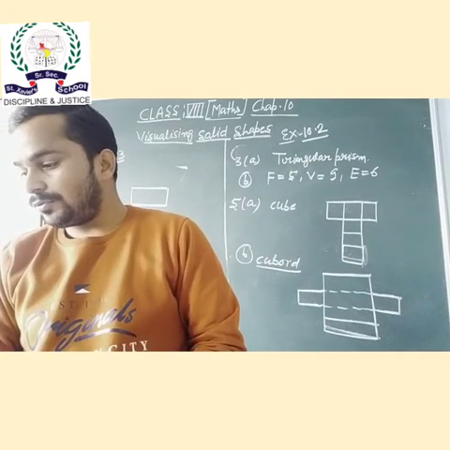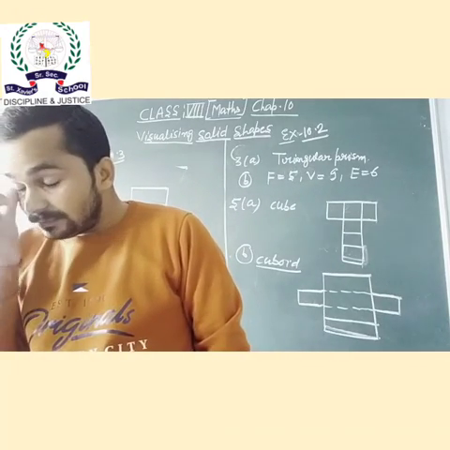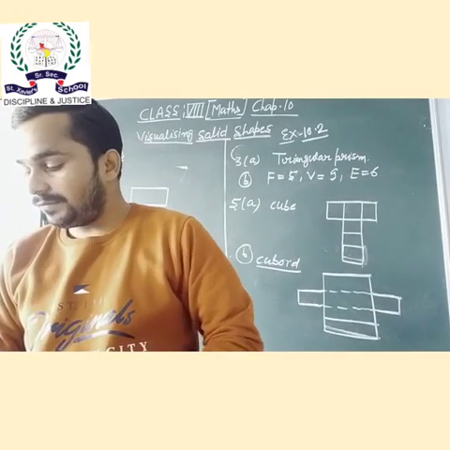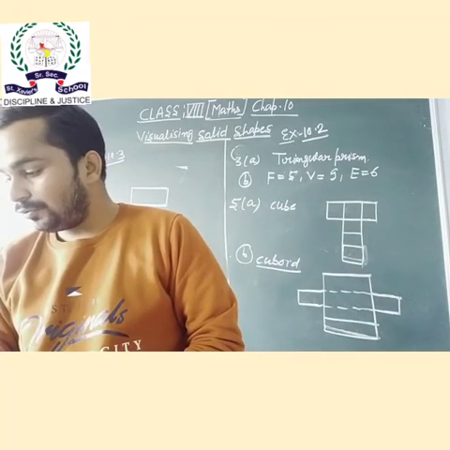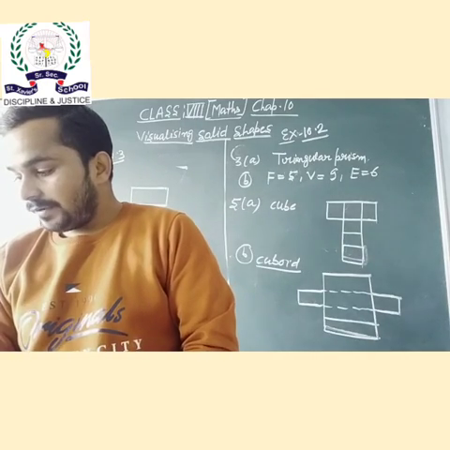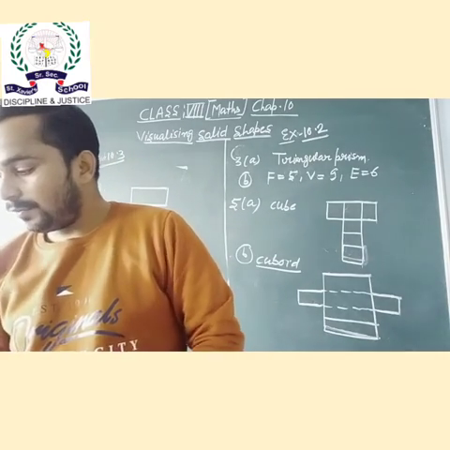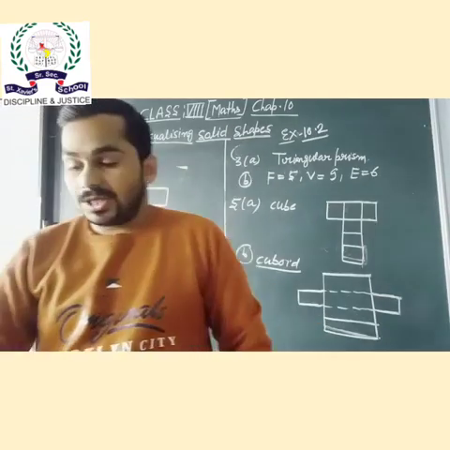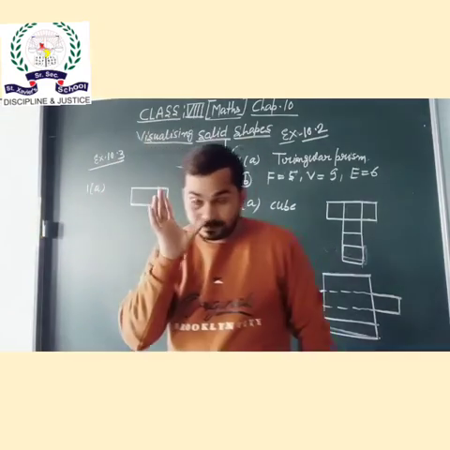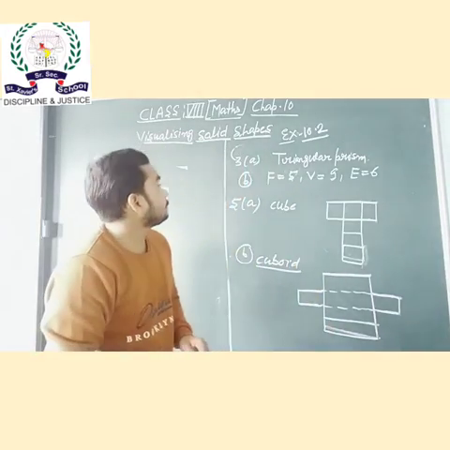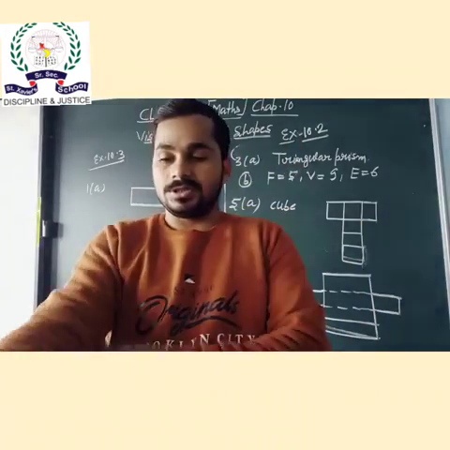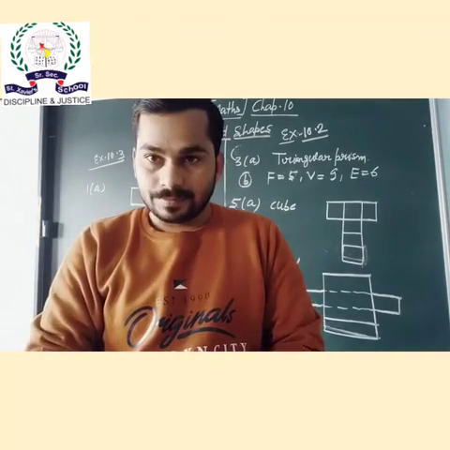So in this way you have to write the front view, side view and top view of the given figures. In question number 2, again find out the front view, side view and top view. So this is the chapter 10 we have discussed. Solve the questions. If you have any doubt, then ask on the math class or also in the math group. Thank you, students.